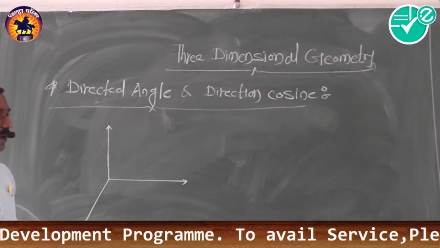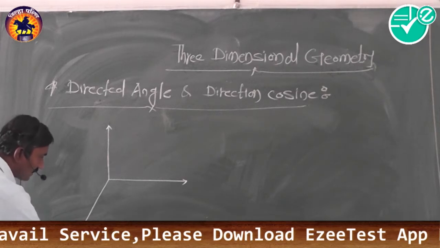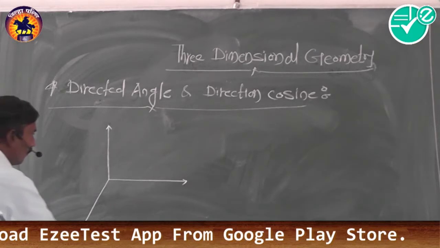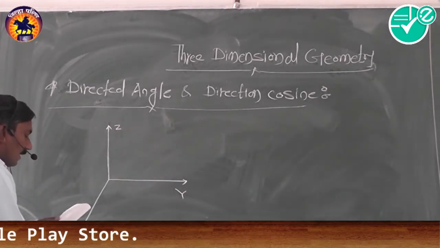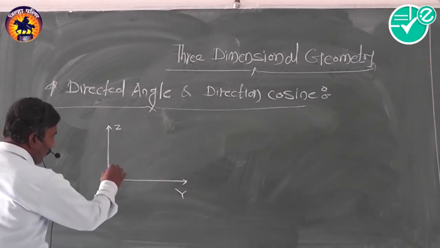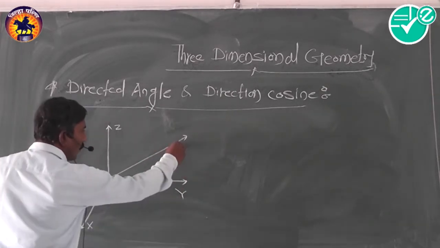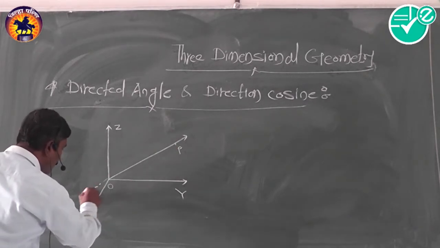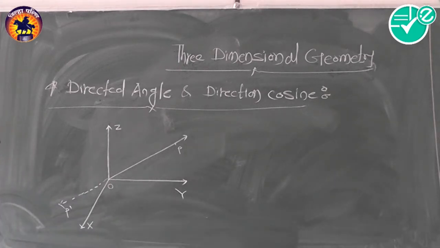Now in two-dimensional we have seen x and y axis, but in three-dimensional geometry there are three axes, x, y, z. Now this is the origin. We can draw the line passing through O. Here is P. Similarly, it passes through P dash.